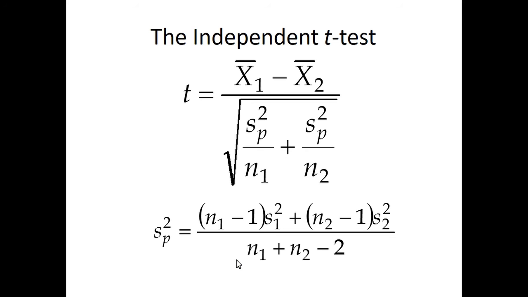So what this formula does is this is degrees of freedom down here. It weights it. So SP stands for S pooled. So the standard deviations are pooled together, meaning it's a weighted average. So if one group is much bigger than another, then it will weight towards the group you have more evidence for. So remember, larger groups mean they have more evidence, I'm more confident, so I'm going to put more weight on that score.